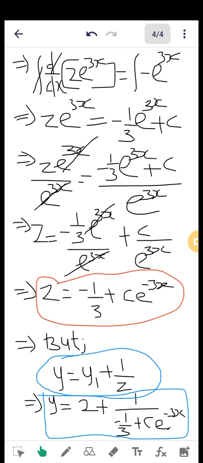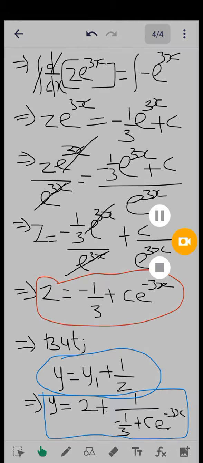After getting z from the equation, wherever I see z, I replace it with minus 1 over 3 plus c e to the minus 3x. Wherever I see y1, that's the particular solution given in the question, which was 2. So I just add it, and you are getting 1 over the z. Thank you very much.